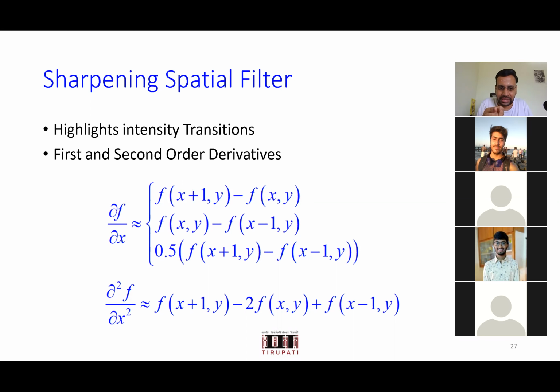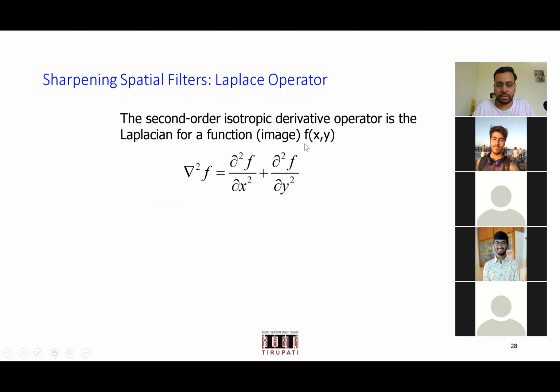That's what this is going to tell you. So the right hand side neighbor plus the left hand side neighbor minus twice the intensity at that pixel will give you ∂²f/∂x². The same thing in the y direction would give you ∂²f/∂y².